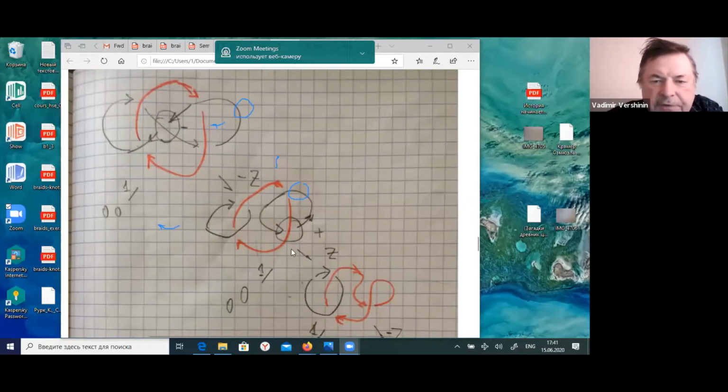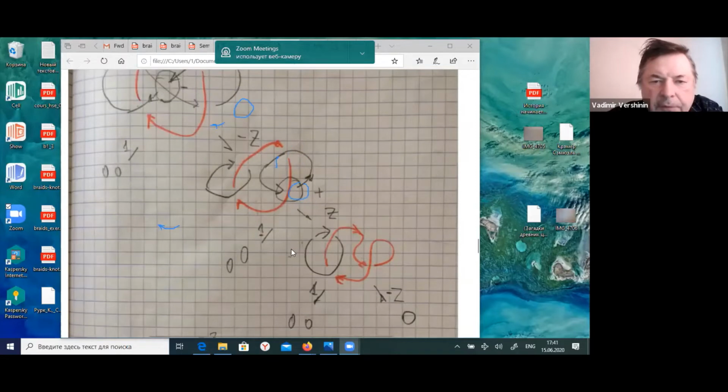Minus z of this stuff, and let us make resolution anywhere. For example, here, what do we have? If we change crossing here, by the way, I should say that this is the previous, not our actual. This is previous stuff.